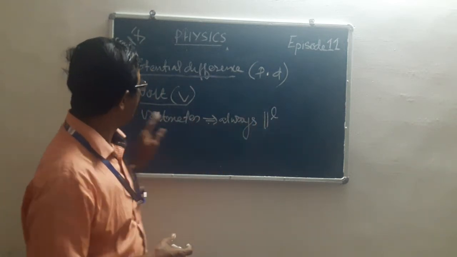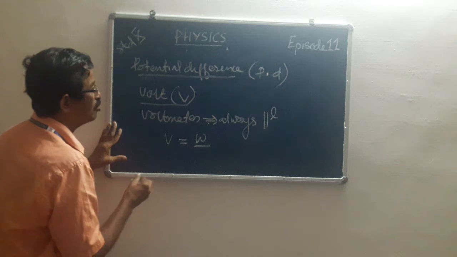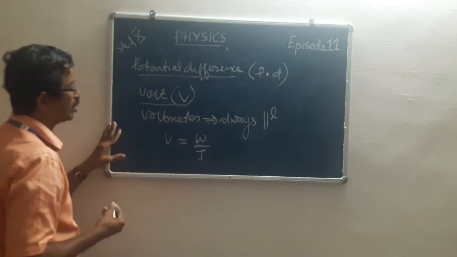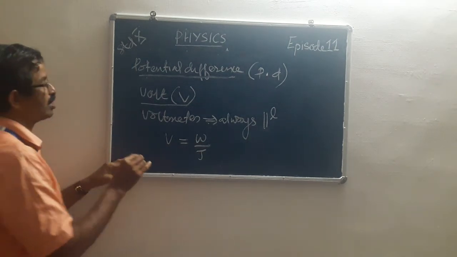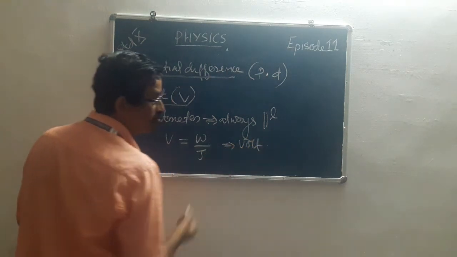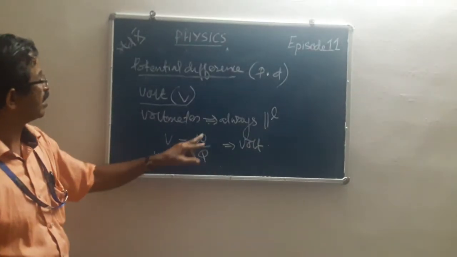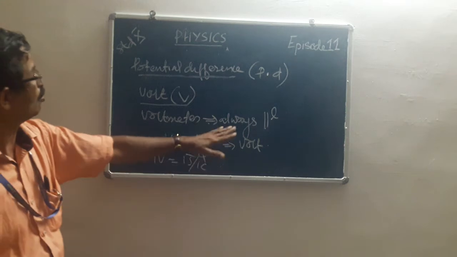This is the method, and the equation to calculate potential difference is V equal to W by Q, that means work by charge, and its unit is volt. 1 volt is equal to 1 joule per 1 coulomb.